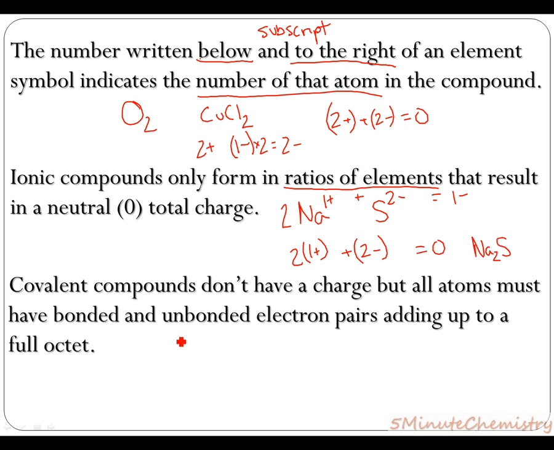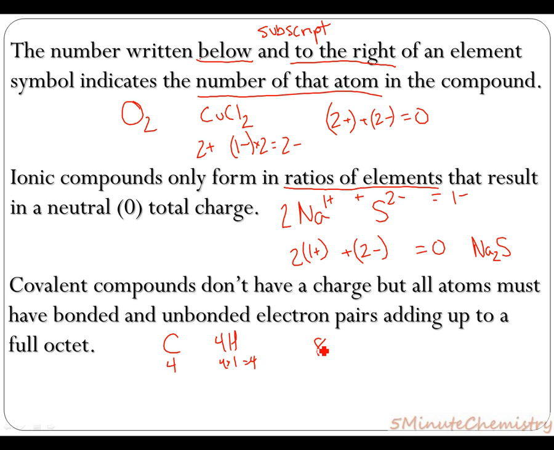If I have an element that involves carbon and 4 hydrogens, when these come together, the Lewis structure shows carbon is the central non-hydrogen, the least electronegative. I have 4 valence electrons from carbon, and I have 1 from hydrogen times 4, so I have a total of 8 valence electrons.